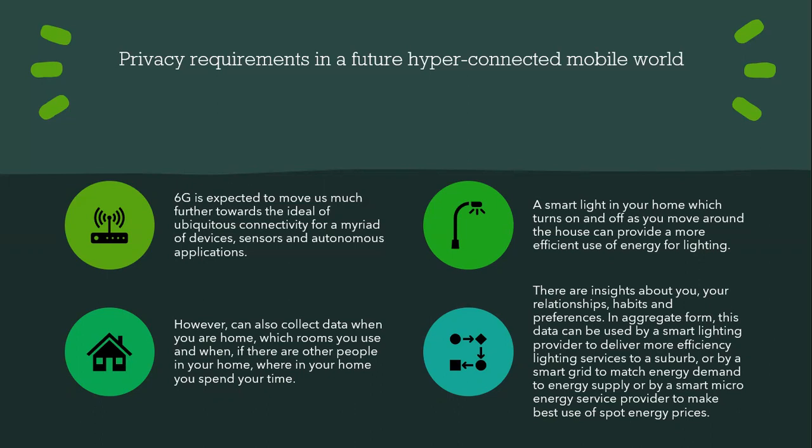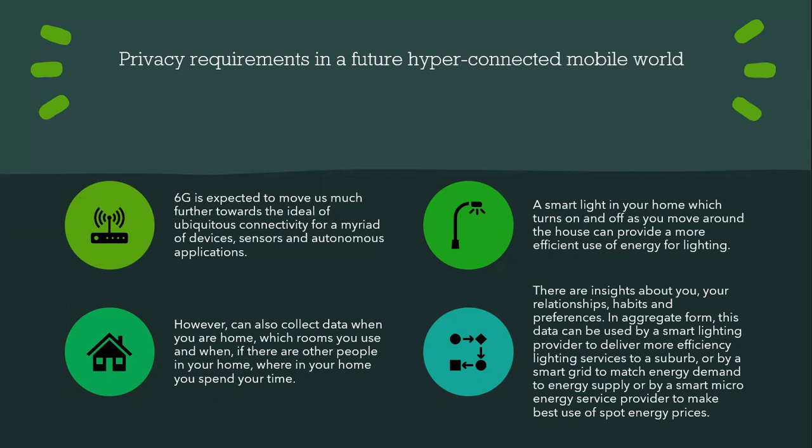So there are insights about you: your relationships, your habits, your preferences, even your financial information, what financial issues you are having, your social life and your private life. Everything can be included in these insights about you.